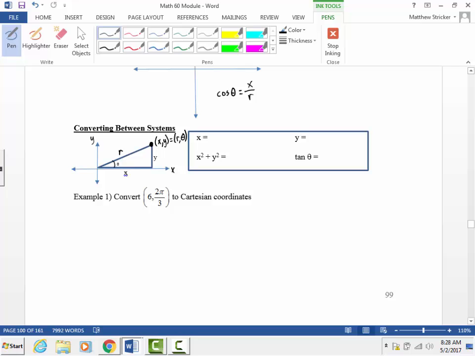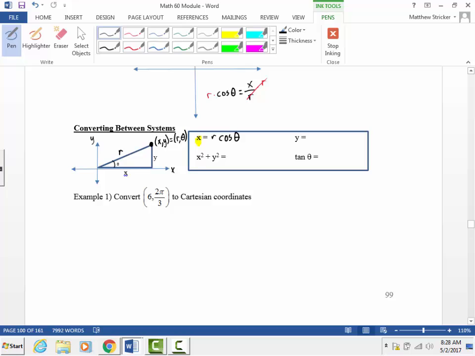If I wanted to solve for x, how would I get x by itself? Times by r, yeah. If I multiplied both sides by r, those r's would cancel, and I would get that x is equal to r times cosine theta.